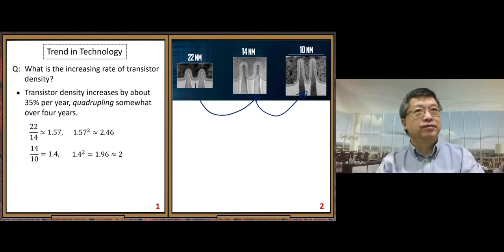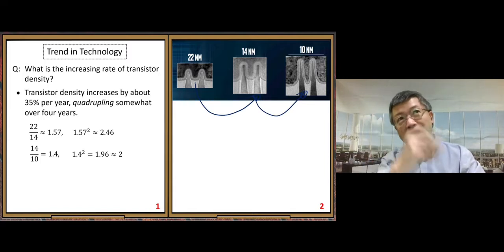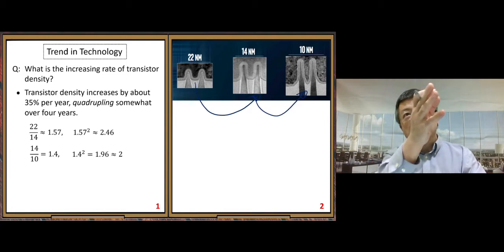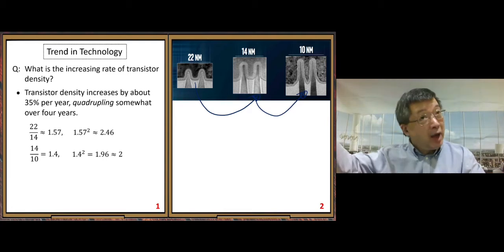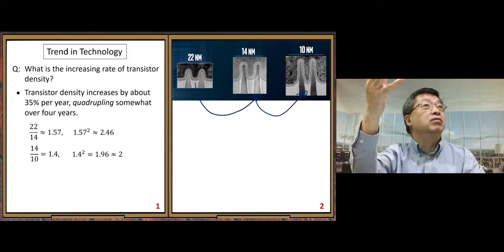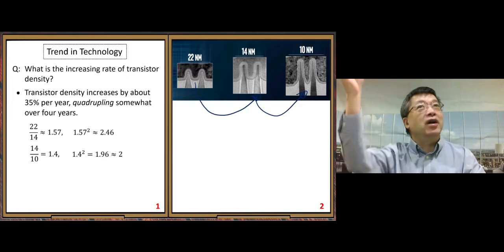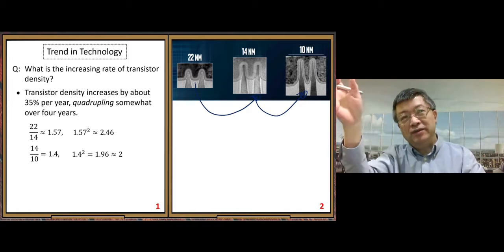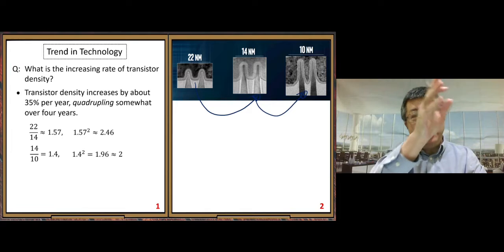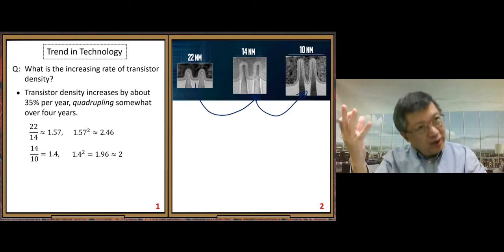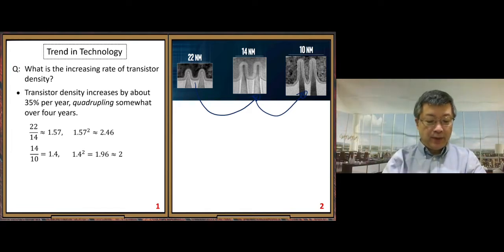Very close, we can treat it as double. So you can see it's not necessarily exactly double. From 14 nm to 7 nm, not double, quadruple, right? 2 squared, 4, quadrupling. From 14 nm to 7 nm, quadrupling.